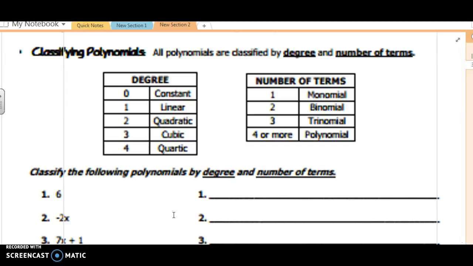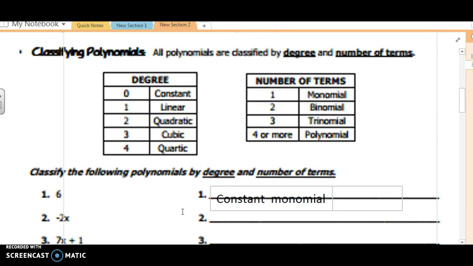So let's look at example 1. Example 1 has a degree of 0, so we're going to call it a constant. And the number of terms in 6 is 1, so it's going to be a monomial. 6 is a constant monomial.